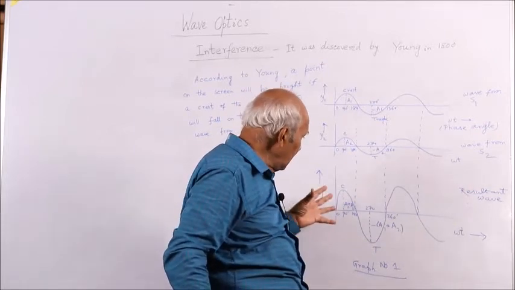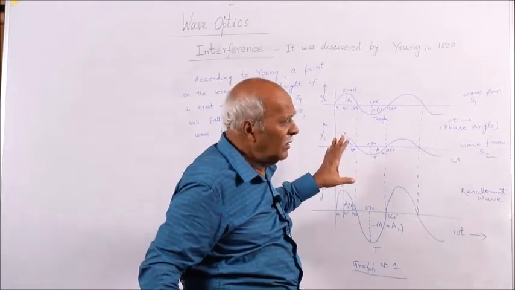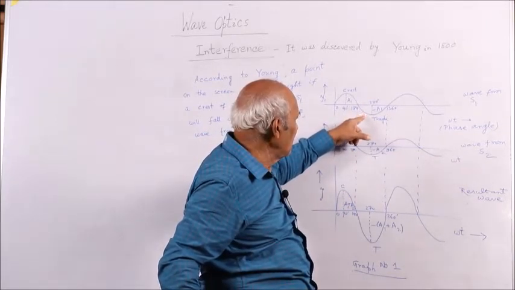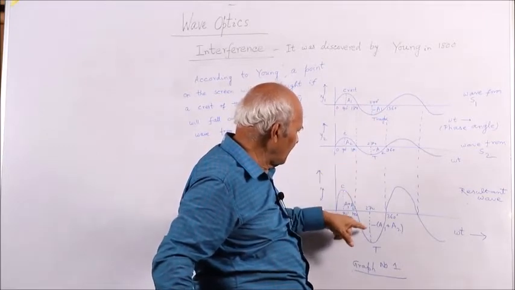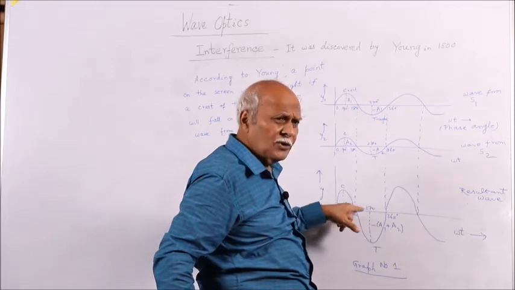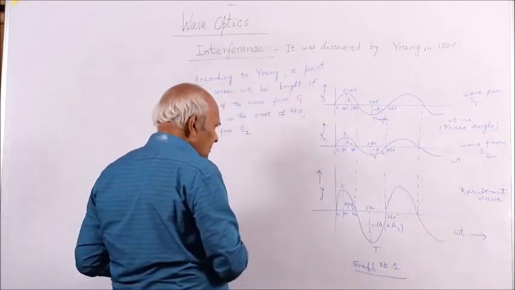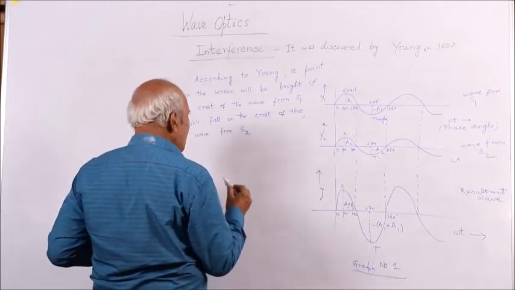But the intensity, as you know, intensity is directly proportional to the square of the amplitude. So, here the intensity will be proportional to A1 square, it is proportional to A2 square, it is proportional to A1 plus A2 whole square. So, that we are investigating now.